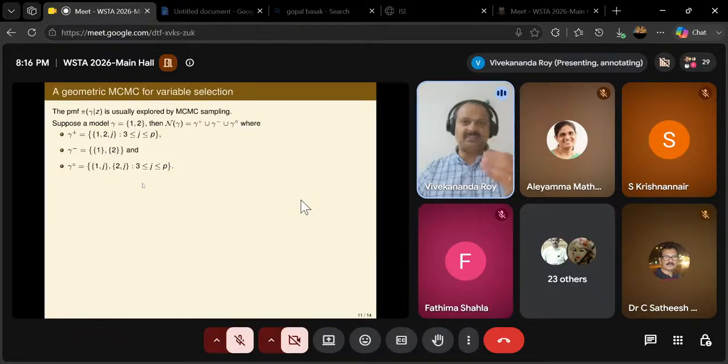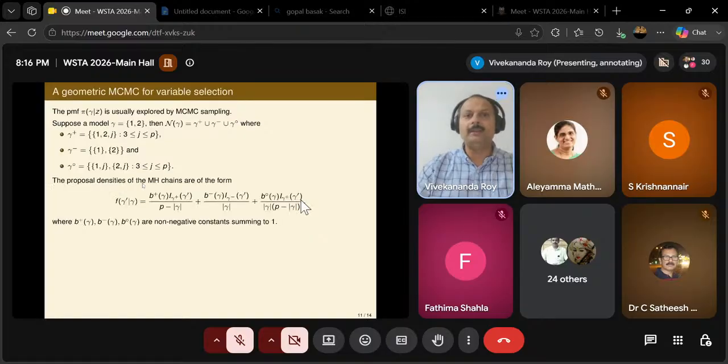They are present, and all other variables are absent. Then addition says just add one of the remaining variables. Deletion says drop one of the current variables, which is basically either the singleton set 1 or 2. The addition set is 1, 2, and j, where j is one of the remaining variables 3 to p. And the swap move is basically you replace one of the current variables with one of the absent variables. So that's the swap move, okay?